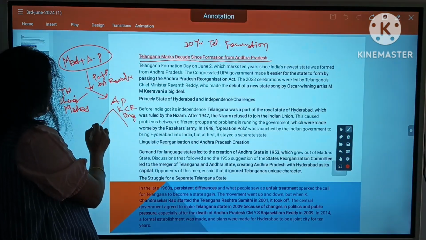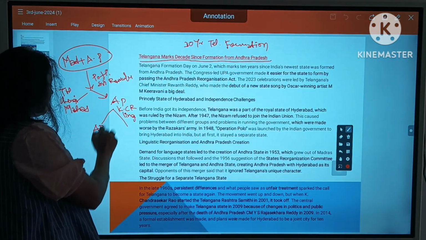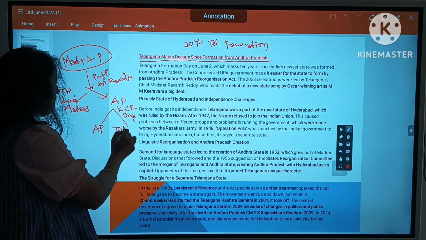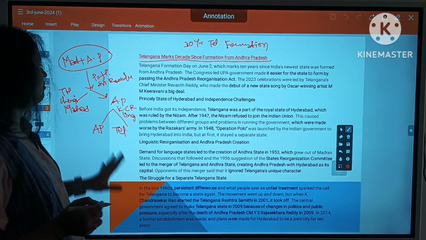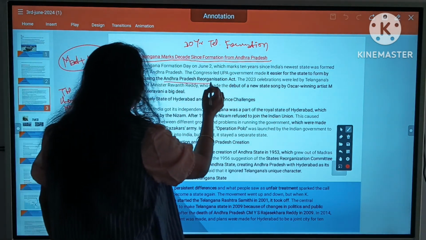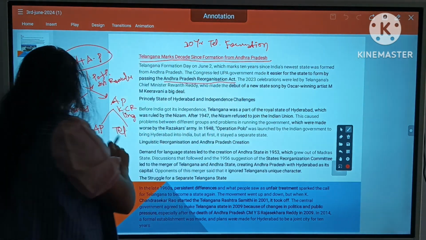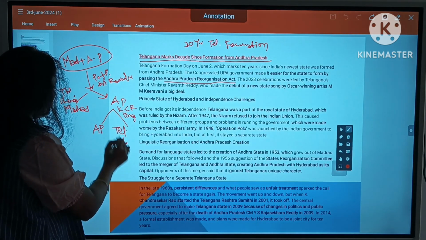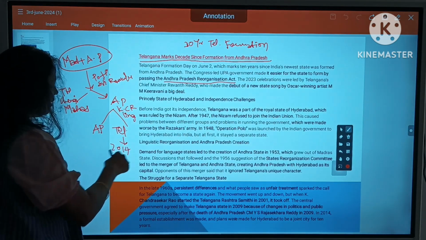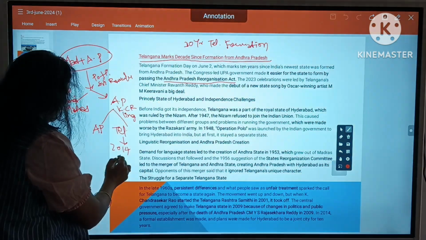So afterwards, AP was formed as a separate state and Telangana was formed as a separate state. But if we go into the history, under Andhra Pradesh Reorganization Act, AP and Telangana were divided. Okay, this happened. Telangana formation happened in 2014.